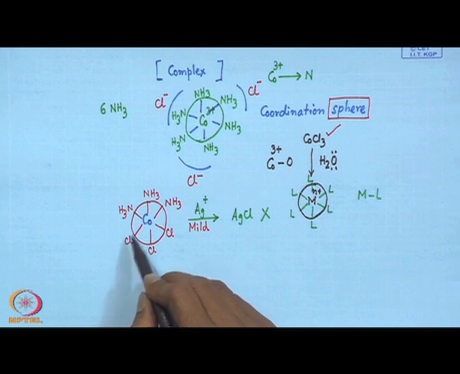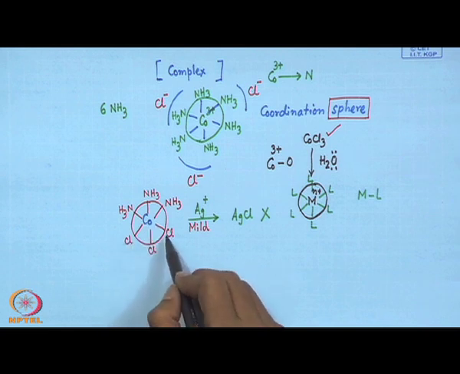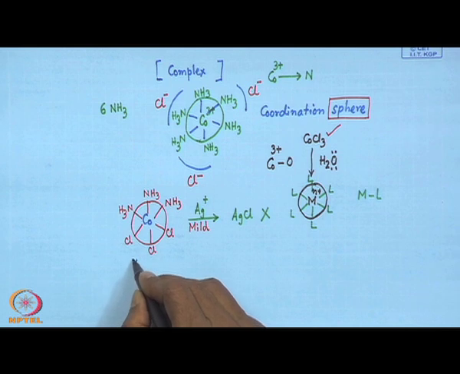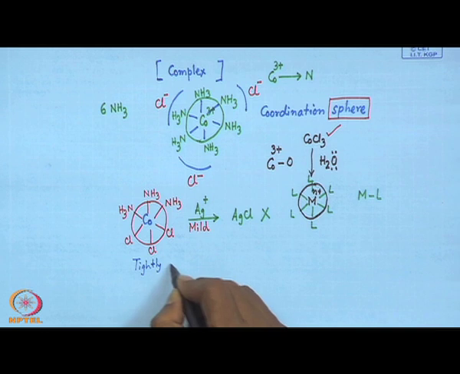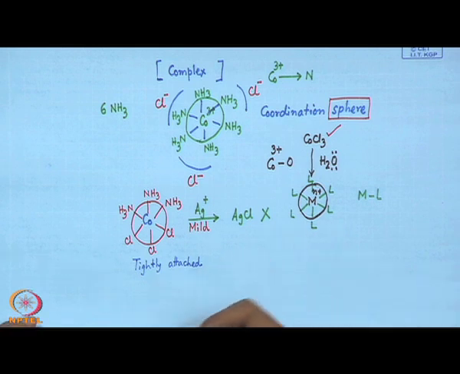That means these chloride ions are now tightly attached to the cobalt center.